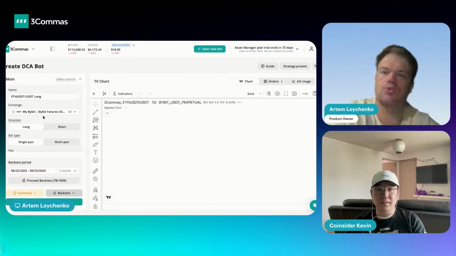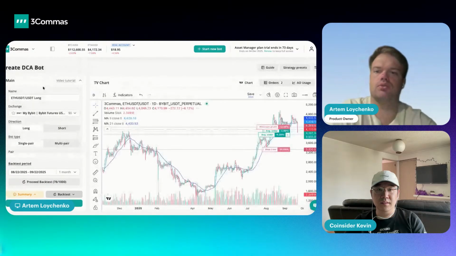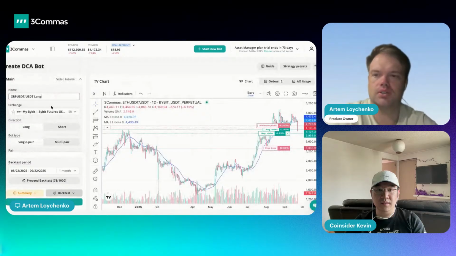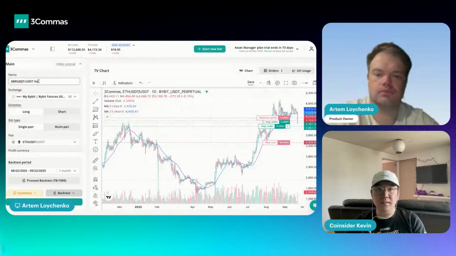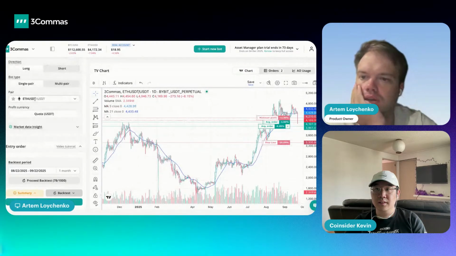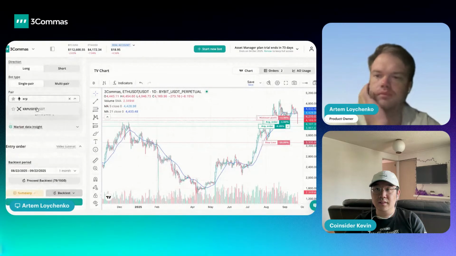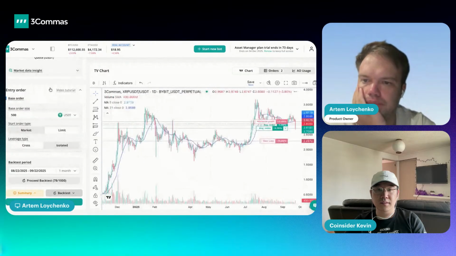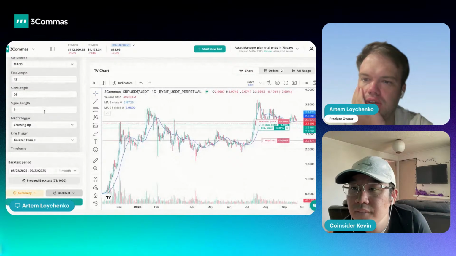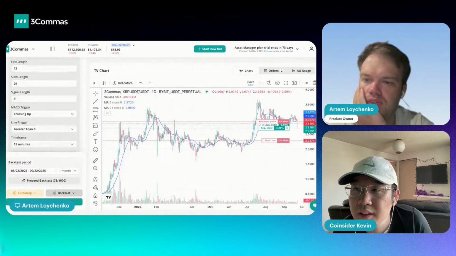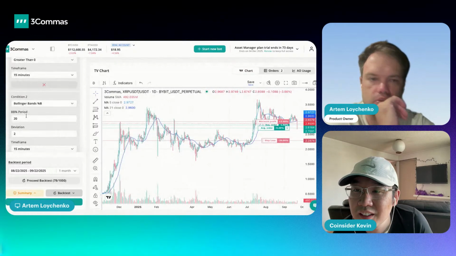So here we do XRP. Okay, so this is a configuration again, just an ACD with different parameters and Bollinger Bands.